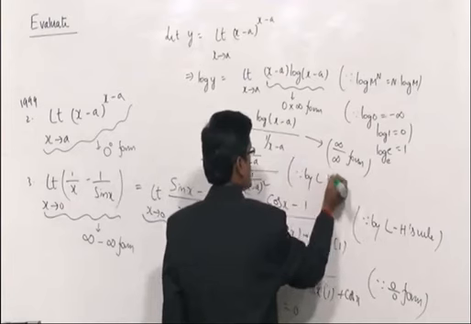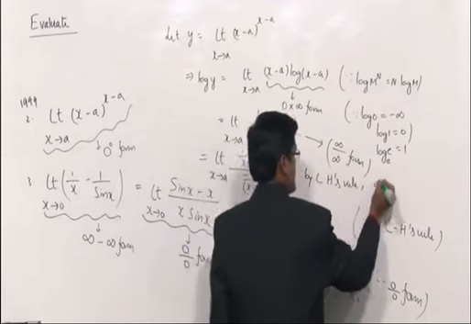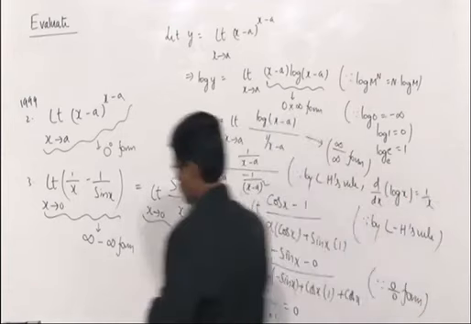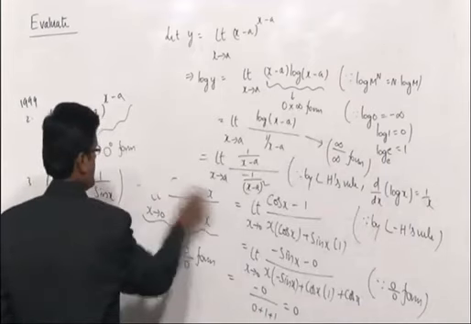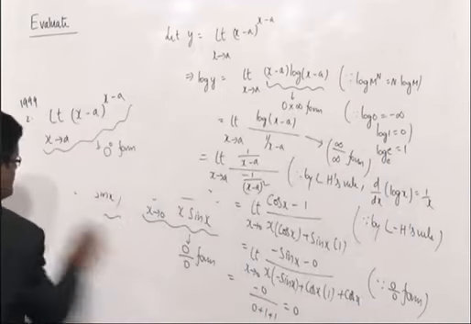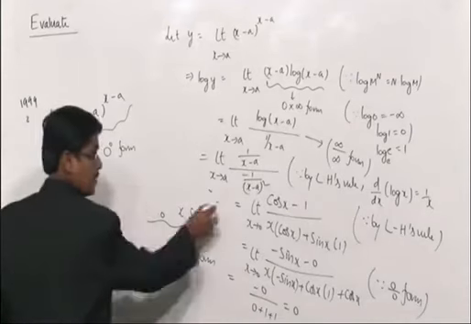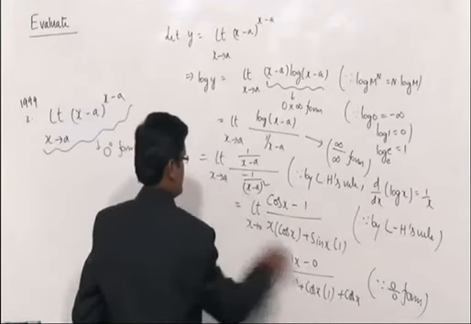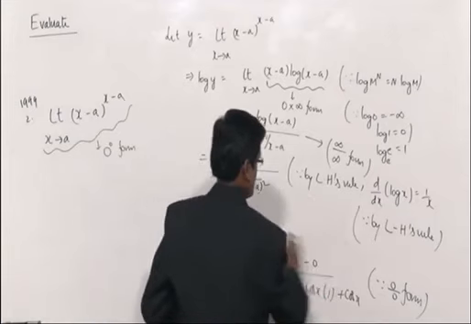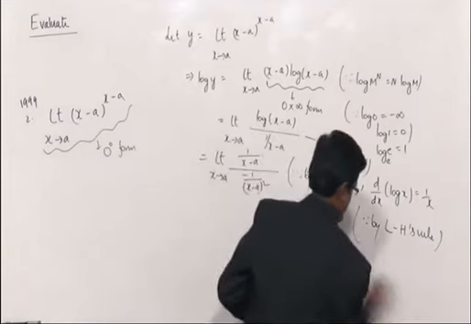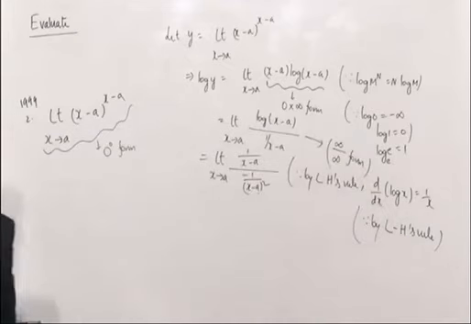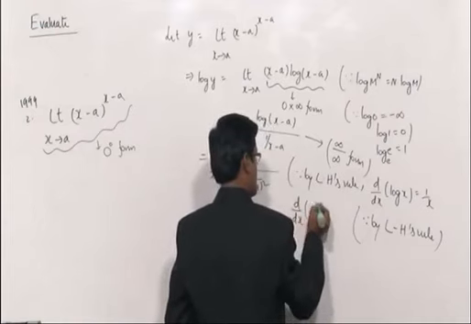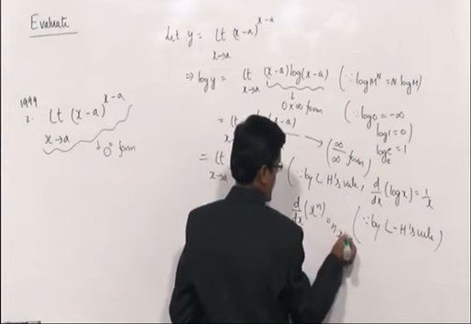Since by L'Hospital's rule, I am writing the formulas even though: d by dx of log x is equal to 1 by x, and d by dx of x power n is equal to n times x power n minus 1.